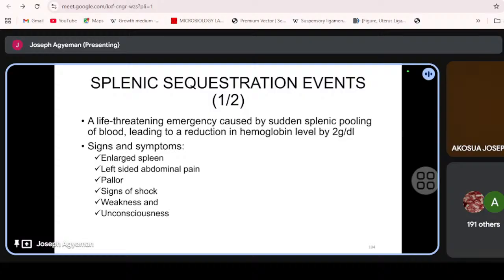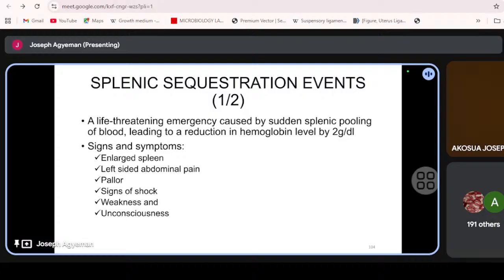Any other? So these are the acute complications, the most common ones that can happen, and the underlying cause is vaso-occlusive crisis. Anything that can contribute to vaso-occlusive crisis, please protect the patient: infections that come with fever, acidosis, dehydration, hypoxemia and hypoxia, and what have you.